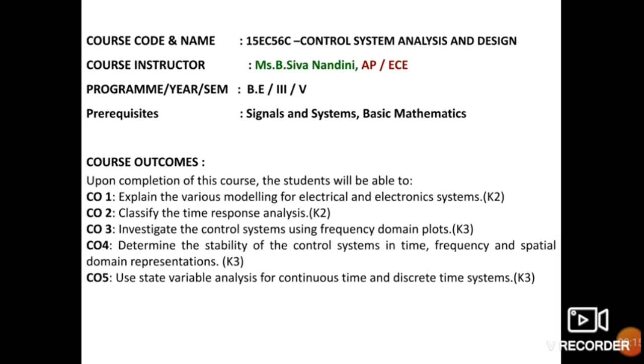Then by the fifth CO, we'll be able to use state variable analysis for both continuous time and discrete time systems. So these are the COs in our subject Control System Analysis and Design.